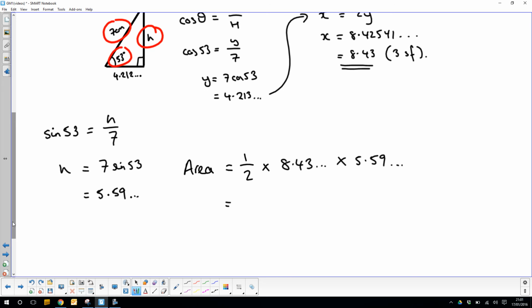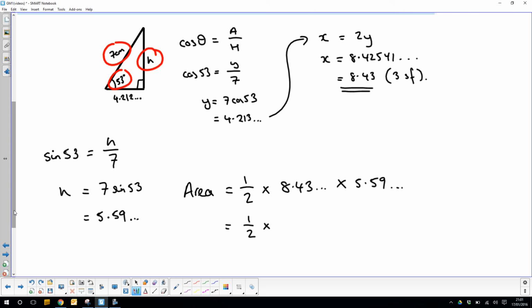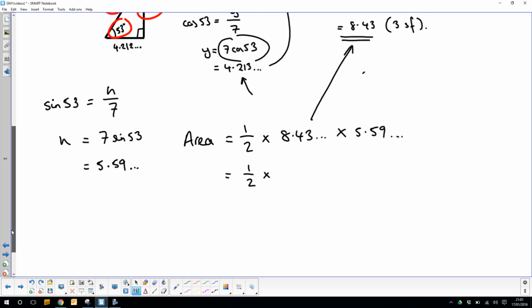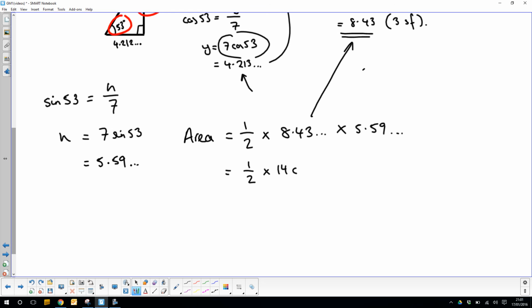It's still a half times. Now this 8.43 is the answer we got over here, which is 2 lots of this answer, and this answer is 7 cos 53. So 2 lots of 7 cos 53 must be 14 cos 53.